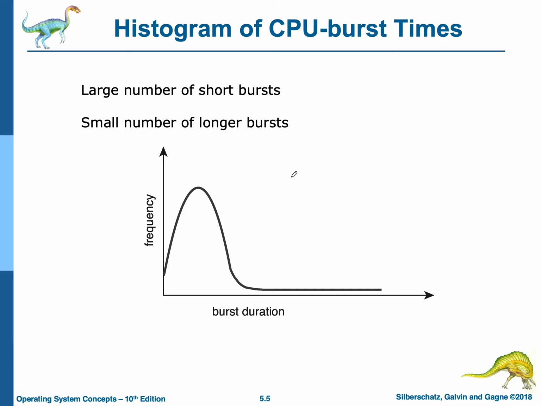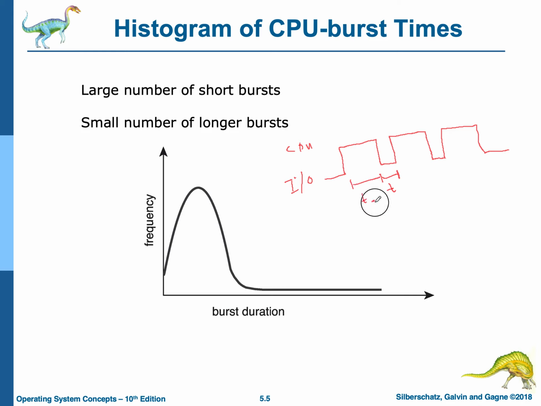Like here, if we say this is CPU and this is IO burst, then we have an IO, then CPU, then IO, then CPU, then IO. We are going to IO and then CPU, right? So here we see that the IO length is smaller than the CPU length.